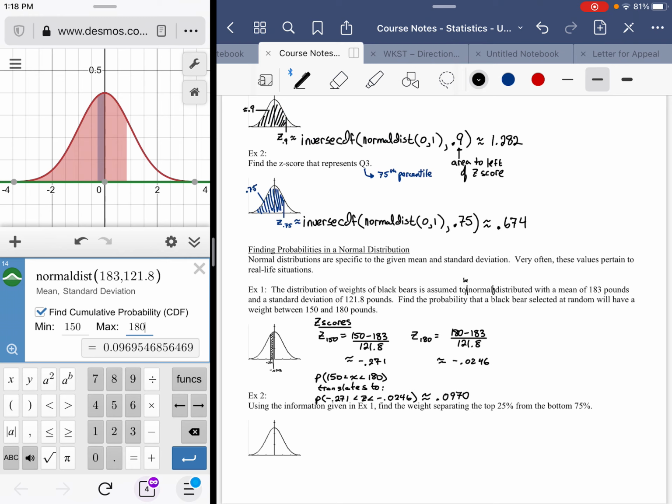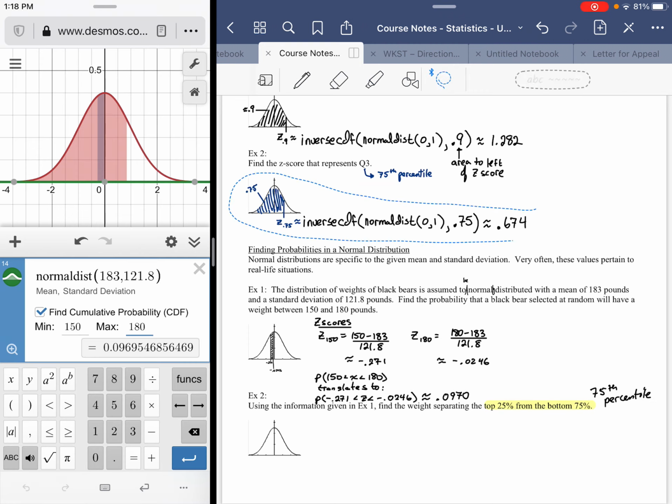All right. So number 2, using the given information in number 1, example 1, find the weight separating the top 25% from the bottom 75%. So it's the 75th percentile. That's what that's talking about. Well, fortunately, we already did some of that work.